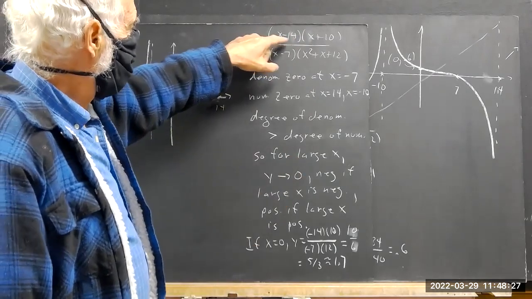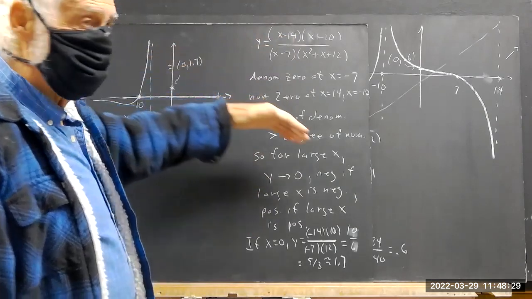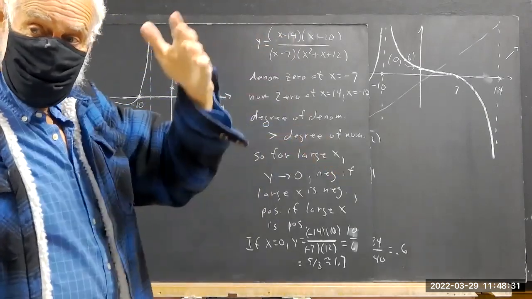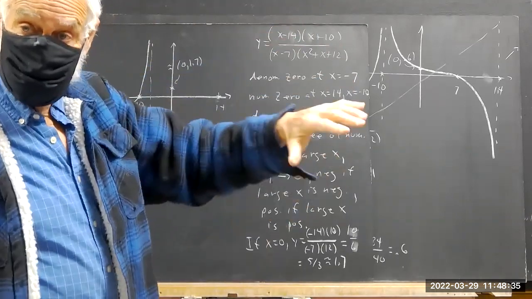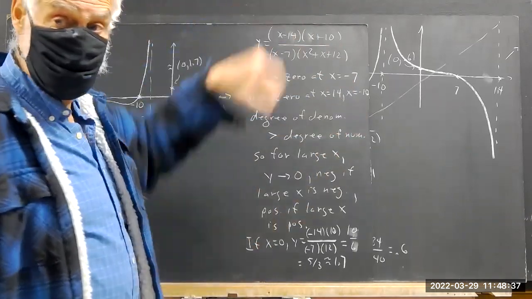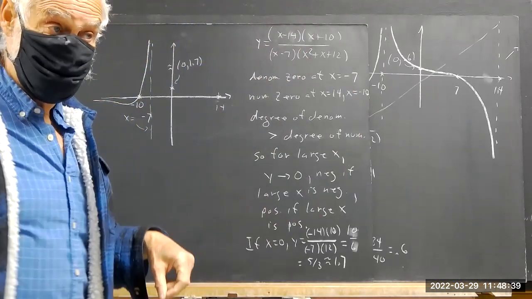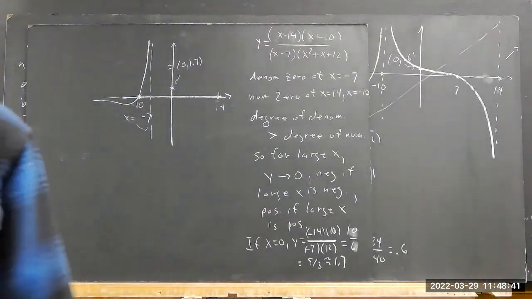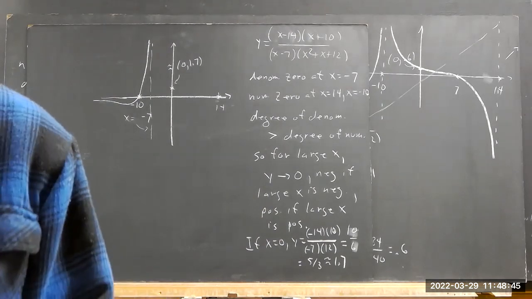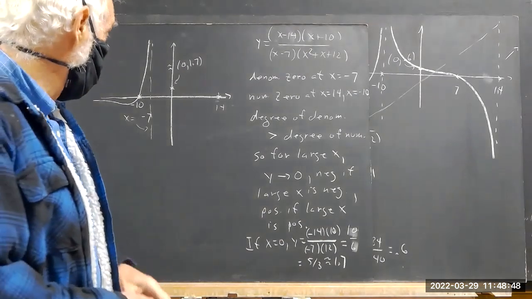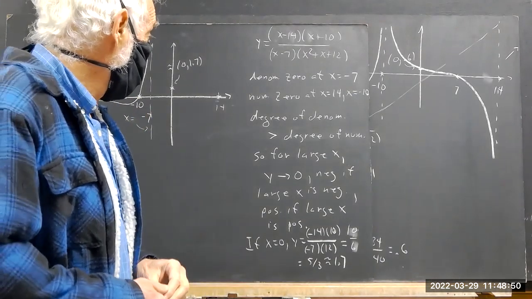That means that in the vicinity of this point, the graph has to be like a straight line. It can't be like a parabola. Now, if you had a square here, then it could be like a parabola, just touch and go back up. Okay? So really good observation. And I wish it helped because I'm stuck. I hate to be stuck, but I don't see what's wrong here.